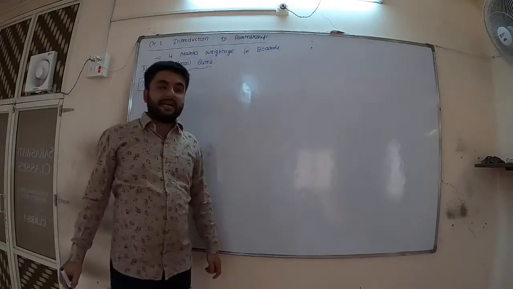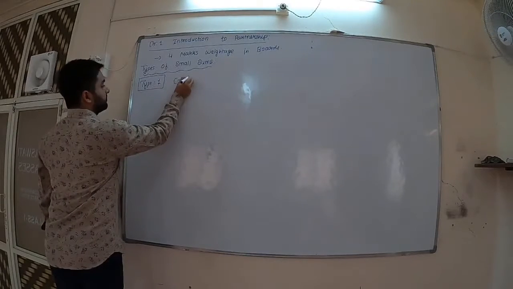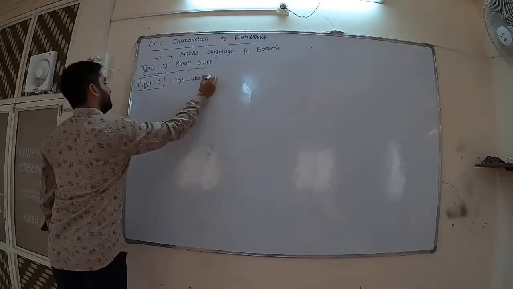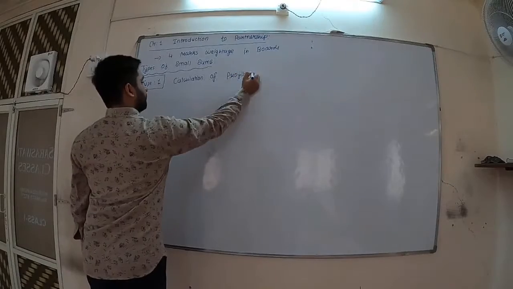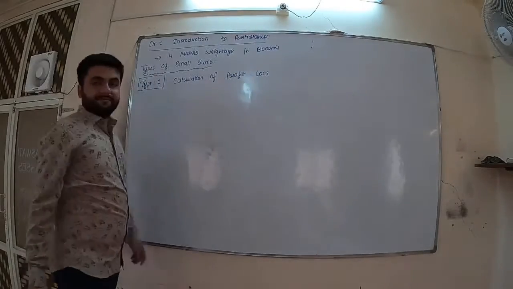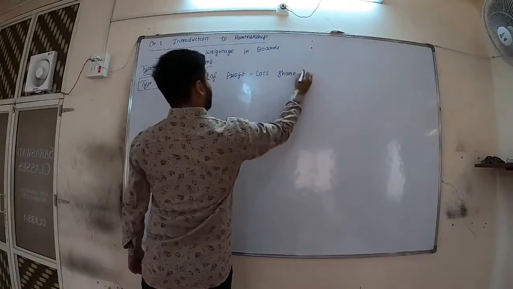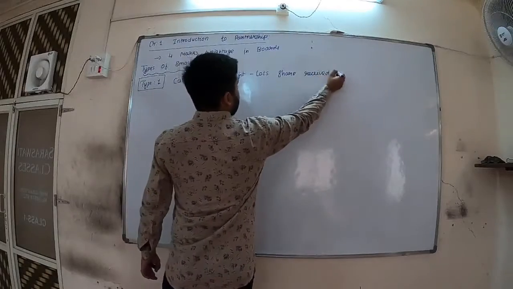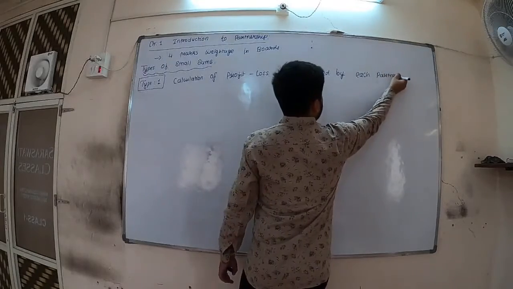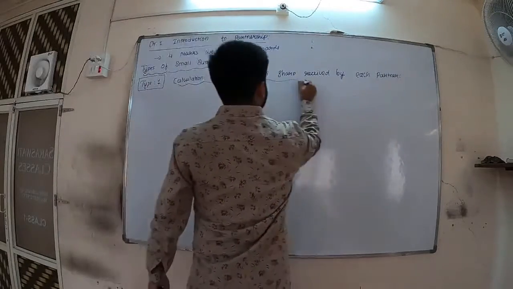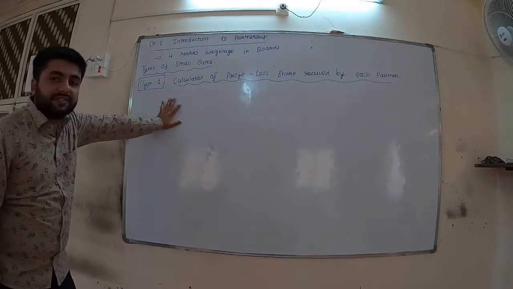Give its heading: Calculation of profit or loss share received by each partner. This is the first type of sum.